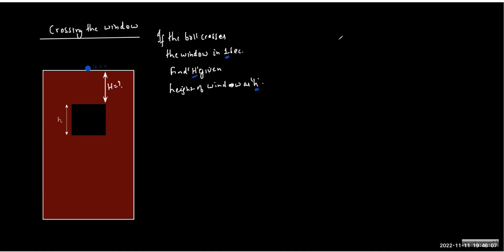Sir, I got H equals 4 small h squared plus g squared minus 4gh by 8g. Okay, can you start with the equation? How did you solve? Sir, at the topmost point of the window, its velocity will be root 2gH. Correct. And at the lowest point, it will be root 2g(h plus H). Yeah, correct.